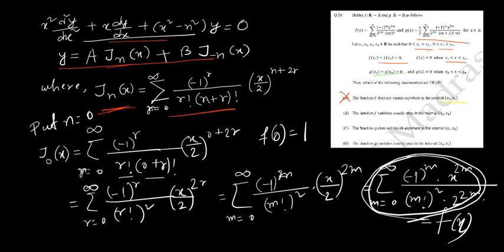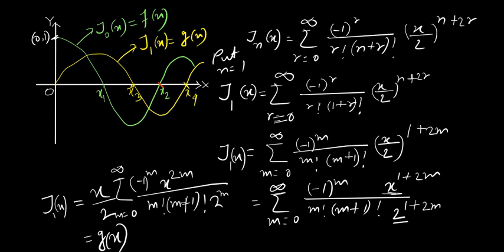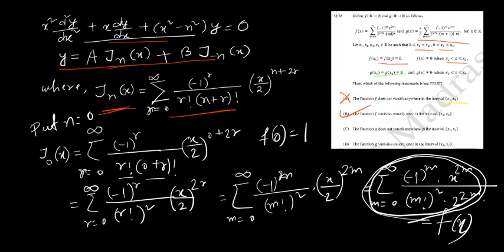Now in option B, the function f vanishes exactly once in the interval x3 and x4. Yes, it's true, because f(x) is 0 at x2, which is between x3 and x4. So option B is correct. Next, in option C, the function g does not vanish anywhere in the interval x1 and x2.